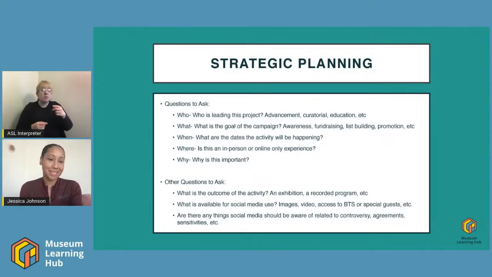I don't think today is National Pizza Day, but just thinking around what else is going on. Is this a major holiday? How do we expect people to be interacting with our content on this day? Are there any conflicts? And where is this happening? Is it in person or is it online only? Or is there a mix of online and in-person activities going on?